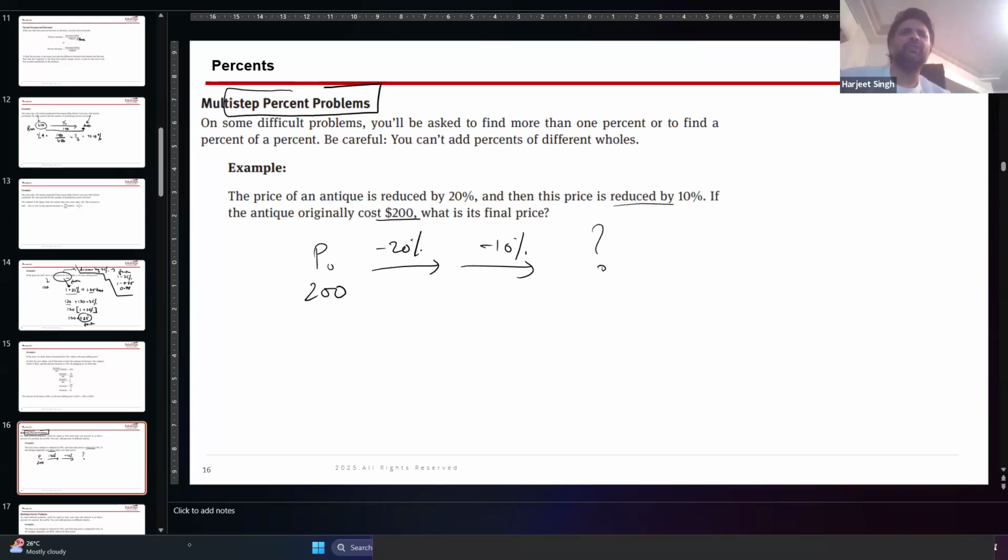There are two ways of solving this kind of setup. The first method is that we convert percentages into fractions, into factors.